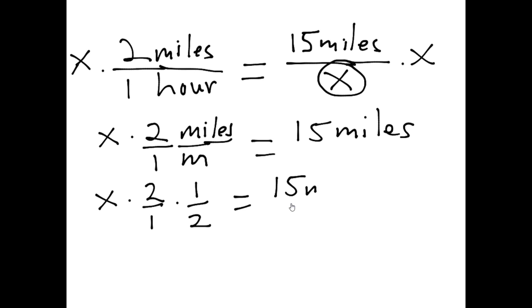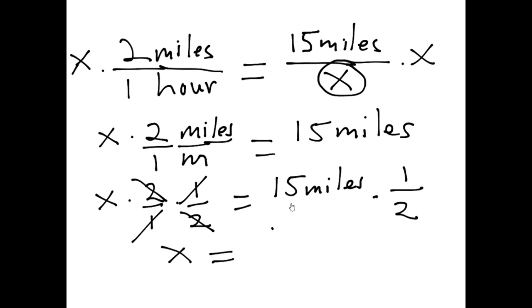We have 15 miles times 1 divided by 2. So that 2 crosses out with that 2, that 1 crosses out with that 1, because 1 divided by 1 is 1, 2 divided by 2 is 1. So anything divided by 1 is equal to just itself, in this case, x. So we end up with x is equal to 15 divided by 2 miles.